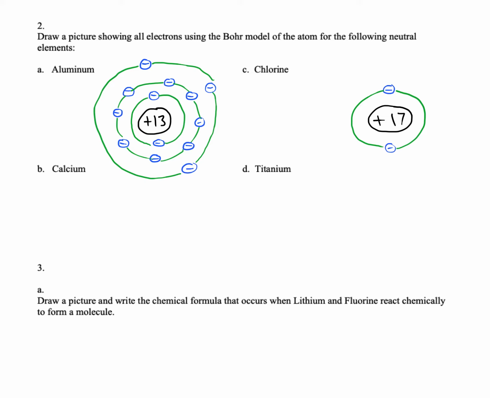We know it has a full first shell. Maybe I'll use a different color here. We know that it has a full second shell as well. And now we'll go to the third energy level, and we just want 7 electrons in that third energy level.